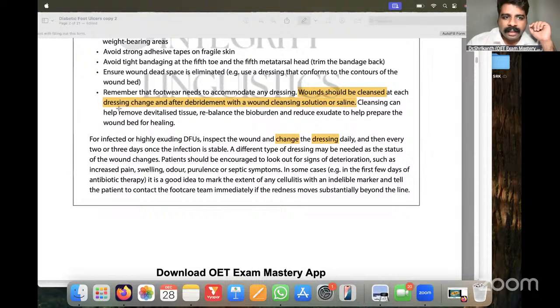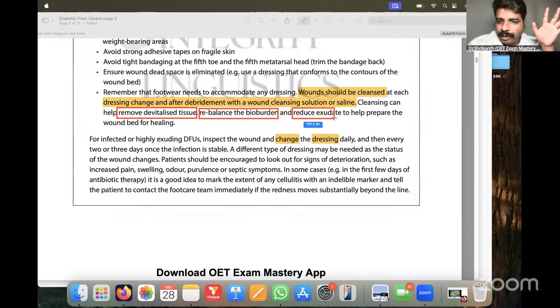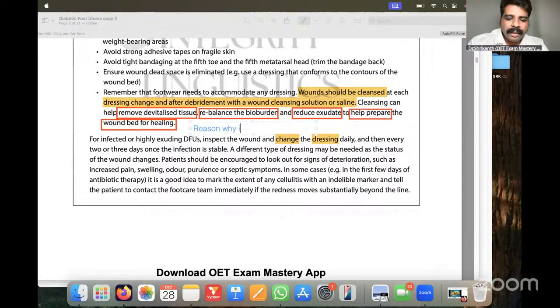Cleansing can help remove devitalized tissue. So we want to remove the devitalized tissue, we want to rebalance the bioburden, and we want to reduce the exudate to help prepare the wound bed for healing. Now, this is the reason why it is needed to monitor the wound.